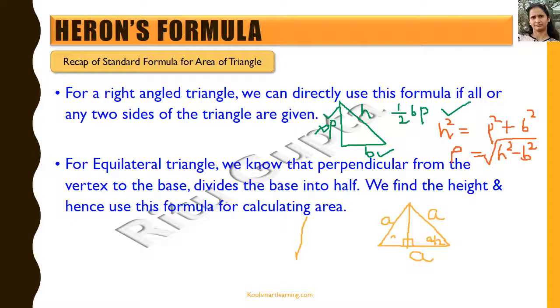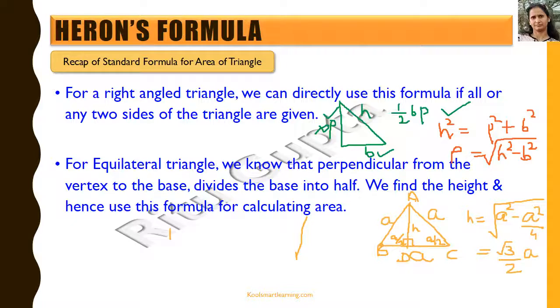So these sides will become a by 2, a by 2. And now again we can find out the height using a square, which is the hypotenuse of this right angled triangle ADC. So we can say h is equal to square root of a square minus a square by 4. So we get the height is root 3 by 2 a.